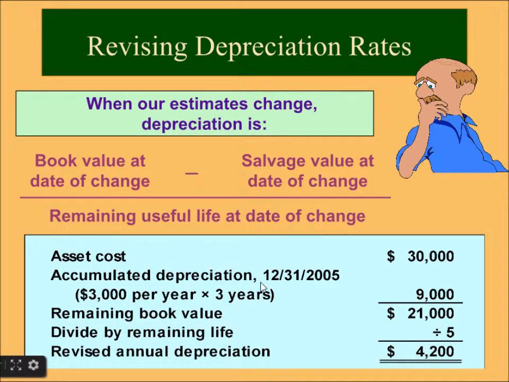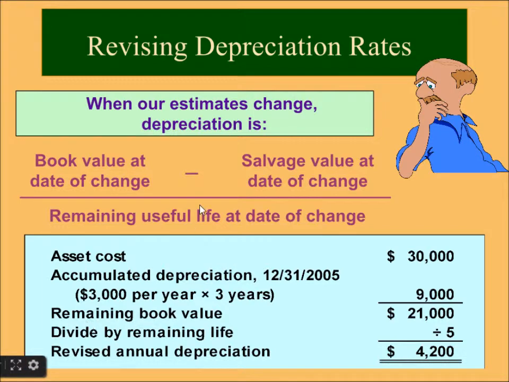So accumulated depreciation is 9,000, calculated as 3,000 per year, and then the remaining book value will be calculated by deducting the accumulated depreciation for 3 years from the original book value, which will give us $21,000.